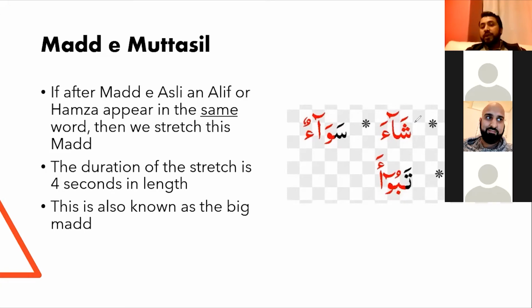Sha'a, again, they're both in the same word. Tabu'a, same word. Can you see the hamza or the alif? They're both in the same word. The duration for this one is 4 seconds. So this is known as the big mad. Does it make sense, guys?